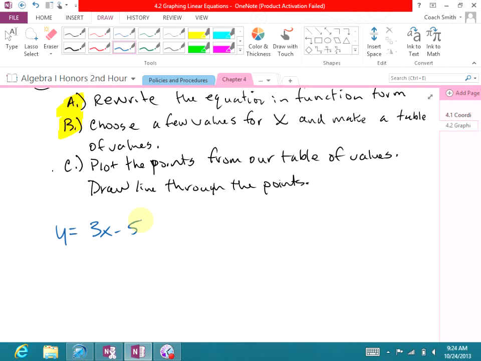Okay. And so it really gets hard because now all of you could have different answers. Okay, obviously, if Larry decides to use 1, 2, and 3 for x and plug them into this and come up with his table of values, and then Zach uses 3, 6, and 9, then obviously Zach's table is going to be different than Larry's table.